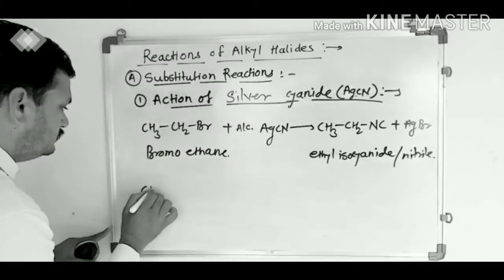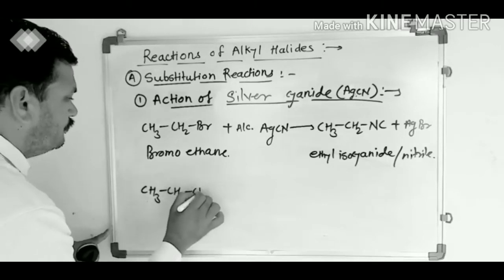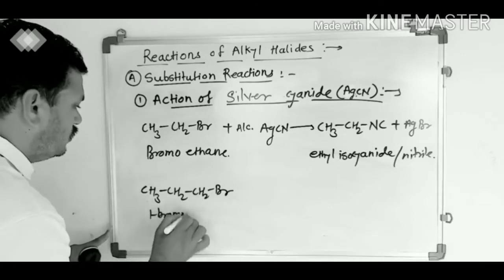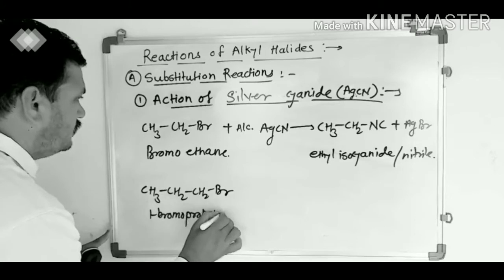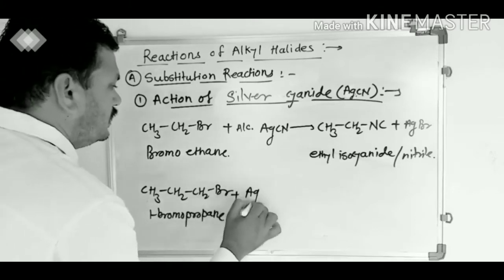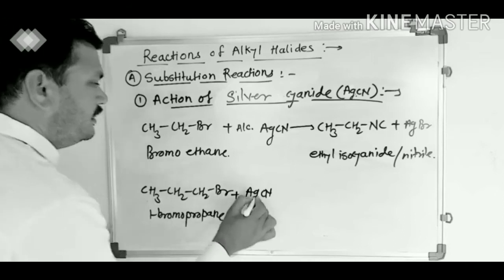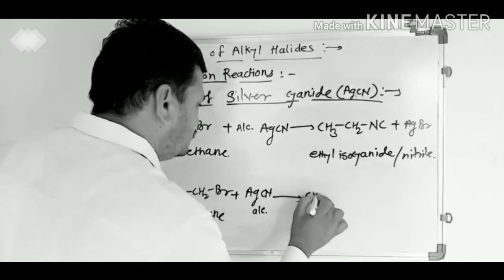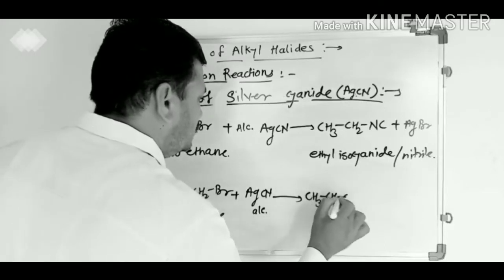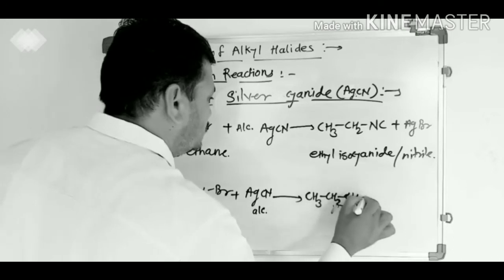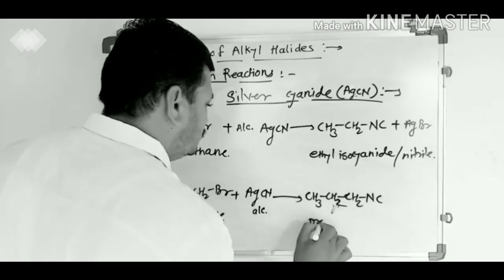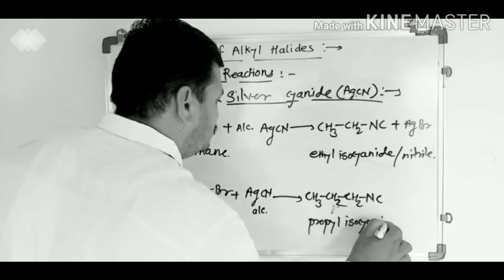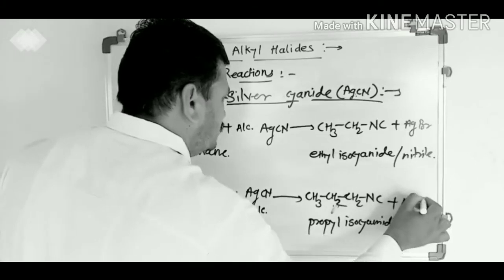Again, second example, 1-bromopropane. When 1-bromopropane is treated with alcoholic solution of silver cyanide, formation of the respective isocyanide, that means CH3CH2CH2NC, propyl isocyanide, takes place plus AgBr.